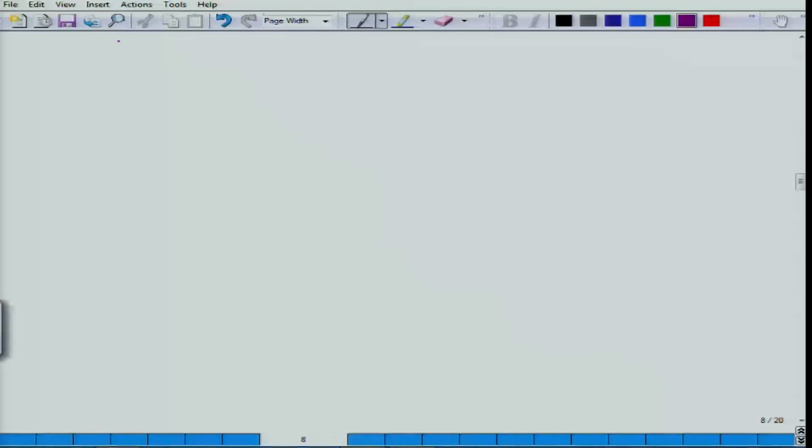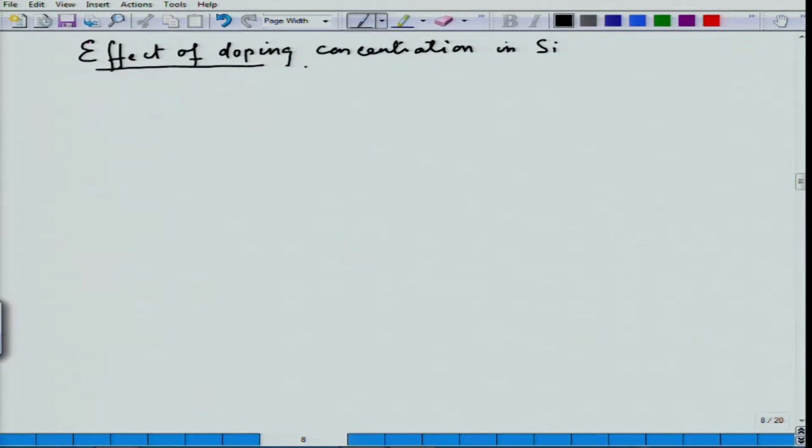So, if I am looking at the effect of doping concentration in silicon, and I am drawing some schematics here. More precise data can be obtained from the textbooks and other resources.